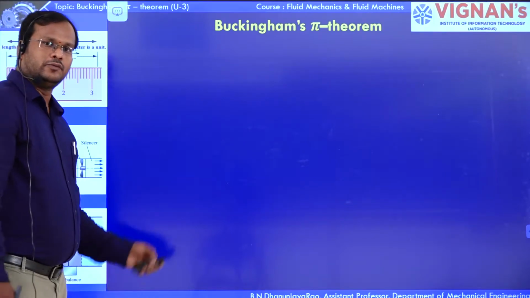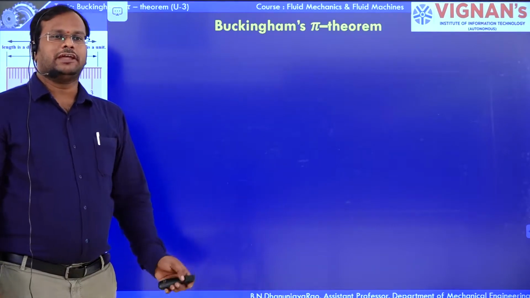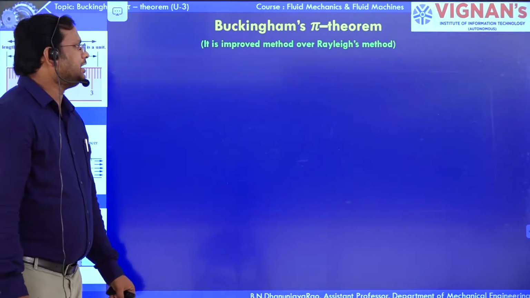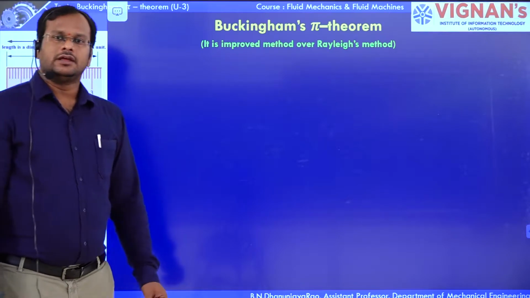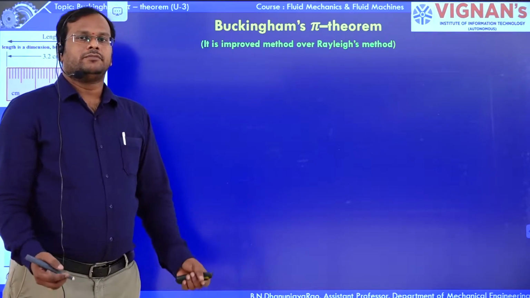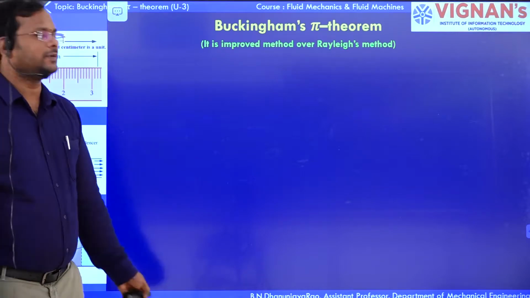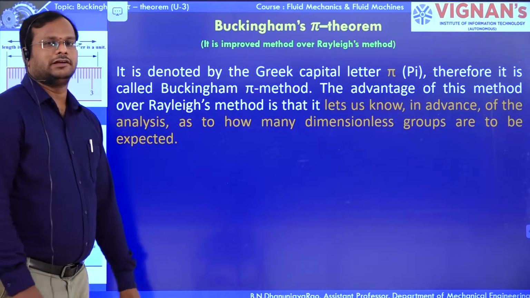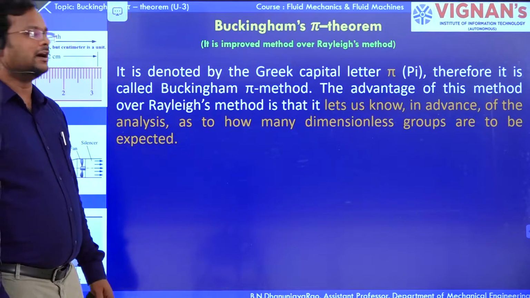Here we are in the second method in dimensional analysis, that is Buckingham's pi theorem. It is an improved method over Rayleigh's method, as Rayleigh's method is very difficult if a larger number of variables are involved in a particular phenomenon. It is denoted by the Greek letter pi, so it is called Buckingham's pi theorem.